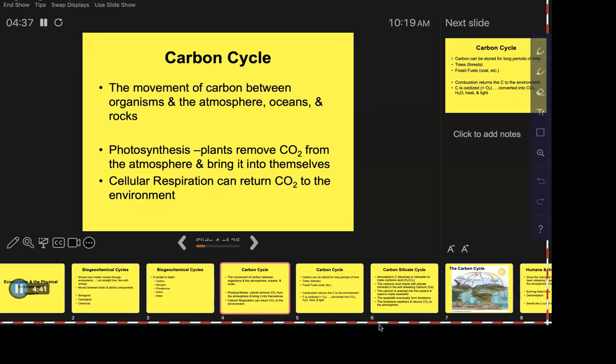So we've got photosynthesis going on in the background. We've already discussed photosynthesis. The plants are taking CO2 from the atmosphere. So there's carbon coming out of the atmosphere. That carbon happens to be attached to oxygen, but that's okay. It works out.